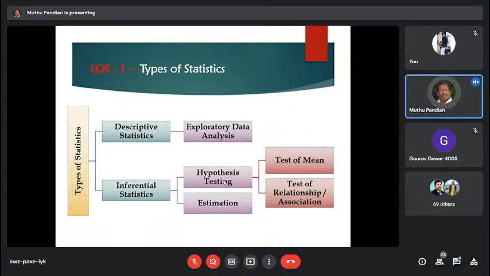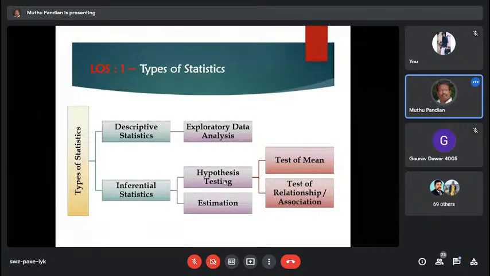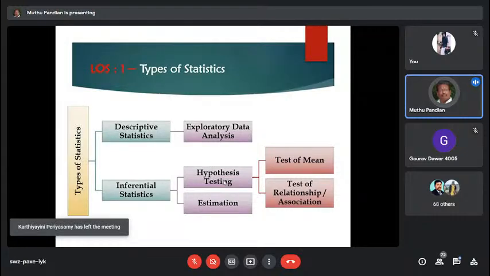After studying the descriptive statistics of a variable, we can decide what to do: we are going to test the hypothesis, or we are going to calculate an estimation. Based on the sample, we estimate the population value.